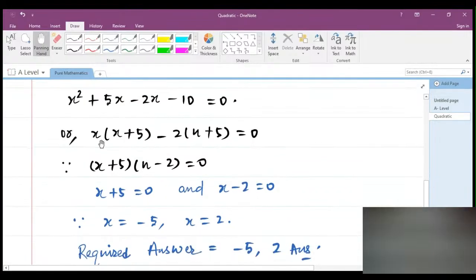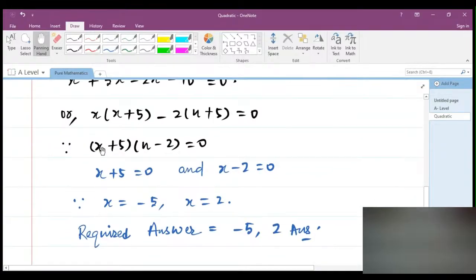So here we take x as the common, then we get x into x plus 5, minus we take 2 as the common, then we get x plus 5 equal to 0. Now we take x plus 5 common, then we get x plus 5 into x minus 2 equal to 0.